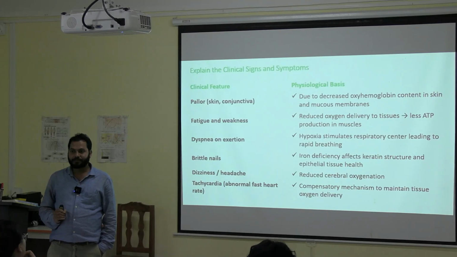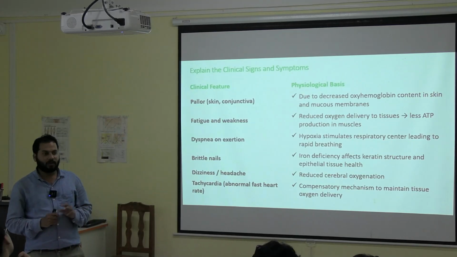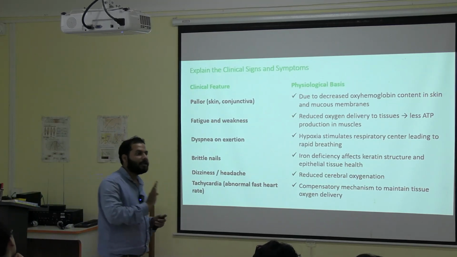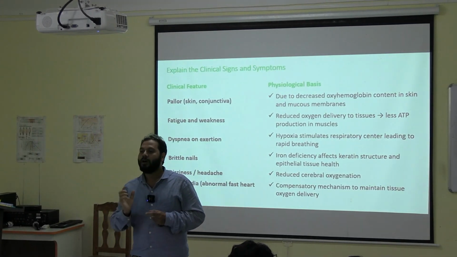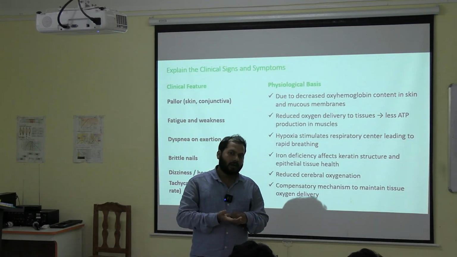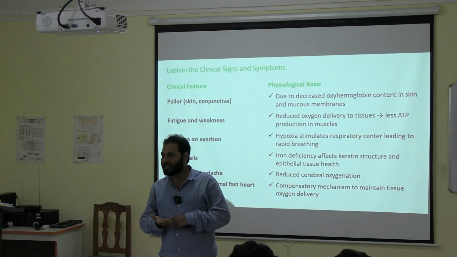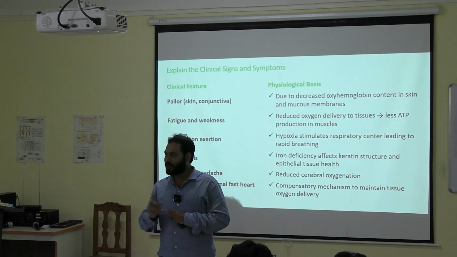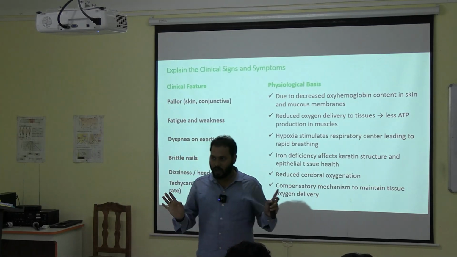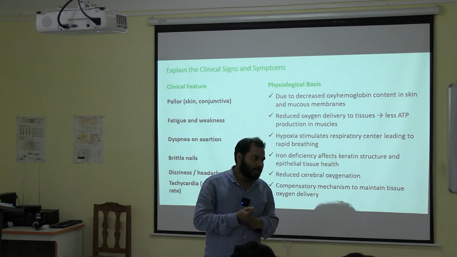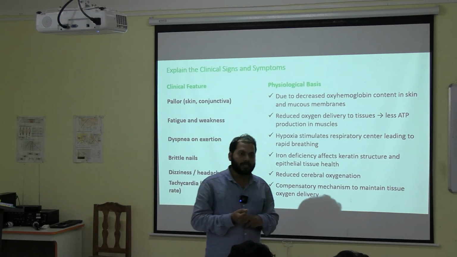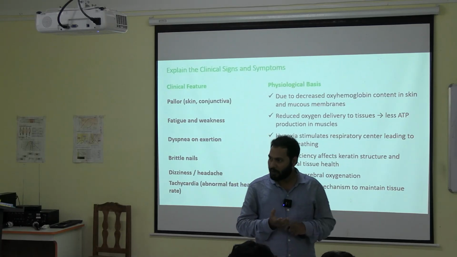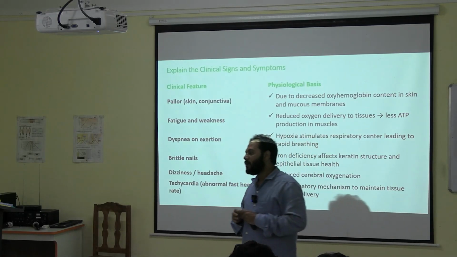Now, up to this point, we have mainly used 3 to 4 factors for the physiological explanation against the diagnosis. The first one was the blood loss, the second was the less amount of hemoglobin synthesis, and the third was the sources of the iron. Okay?